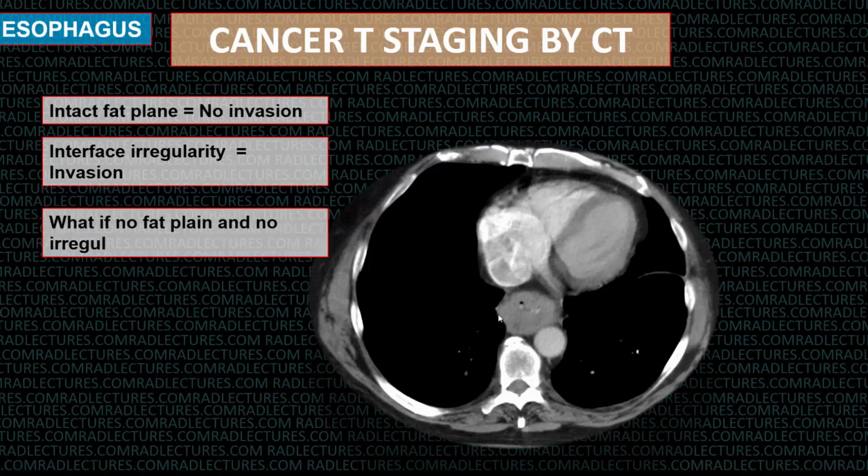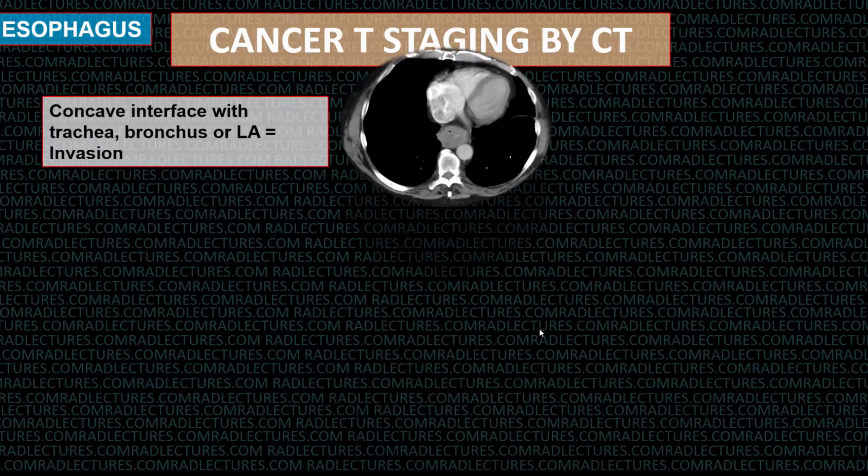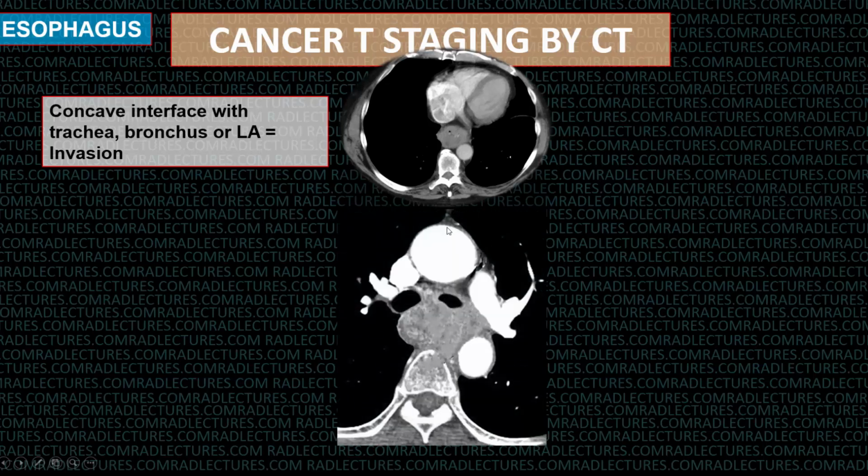And in this case here, there is no fat plane, but there is no irregularity either. So what do we do then? So in the esophagus, there are a few rules that you need to know. One is that if there is a concave interface between the tumor and the trachea or bronchus or the left atrium, there is involvement of that.